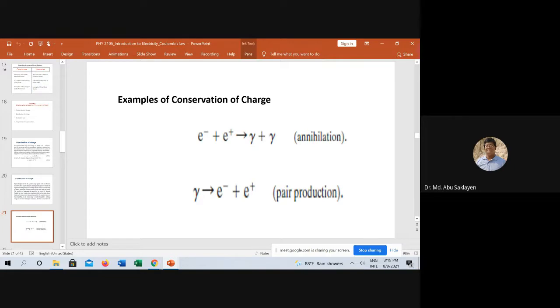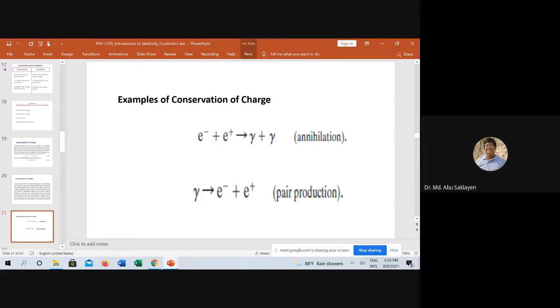And if you project a gamma ray at the nucleus of a heavy atom, a pair of electron and positron is produced. So this is known as pair production, and the previous is known as annihilation.